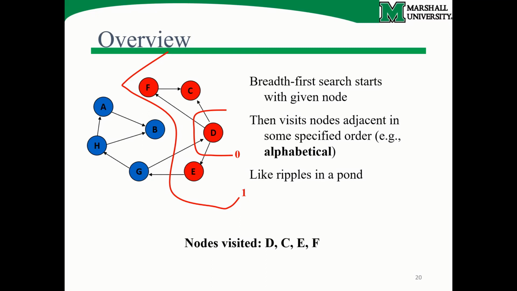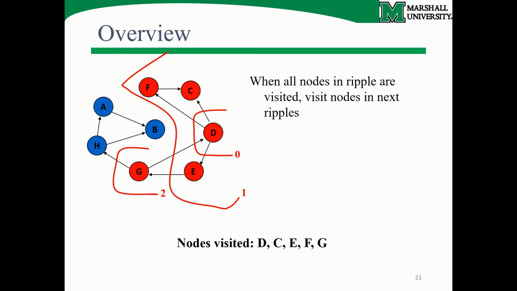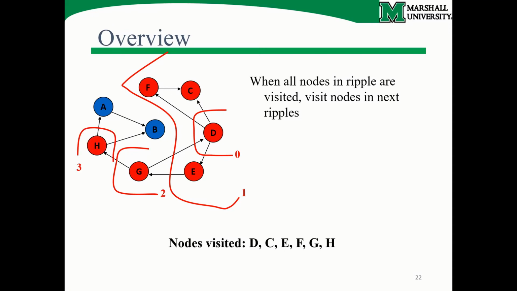In this example, we can find only one node, which is G. Next, we will visit G. In the next step, we will try to find out what are the nodes that are three path length distant from D, or two path length distant from nodes C, E, F, or one path length distant from G. The only node we find is H. We visit H and we go on.